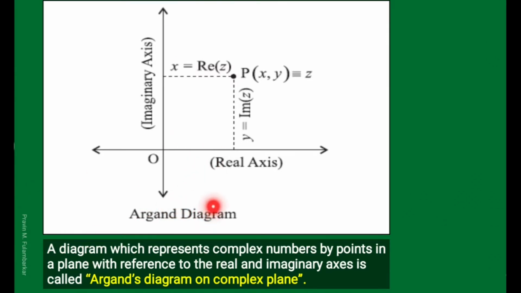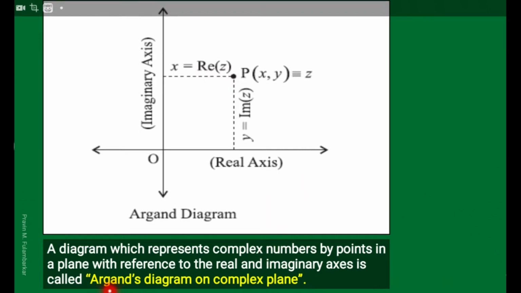It means when we represent a complex number by writing it in ordered pair and representing that ordered pair with the help of the x-axis and y-axis, that is, with the help of the real axis and imaginary axis, then that plotting of a point is nothing but Argand's diagram or complex plane.